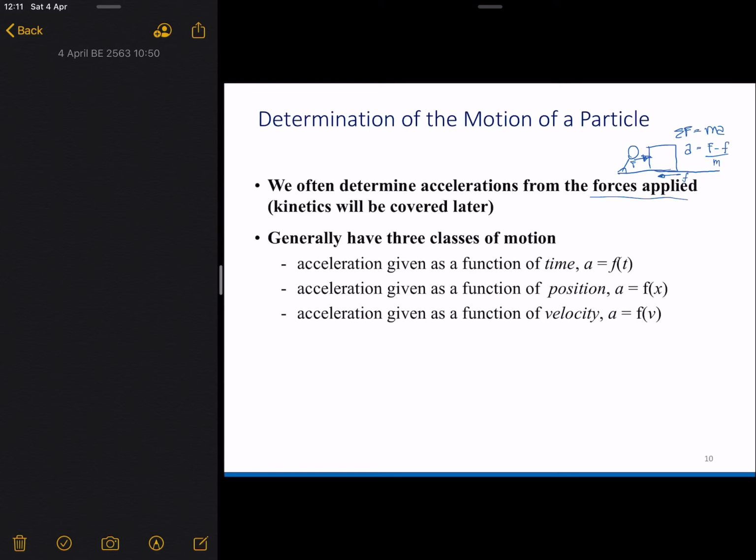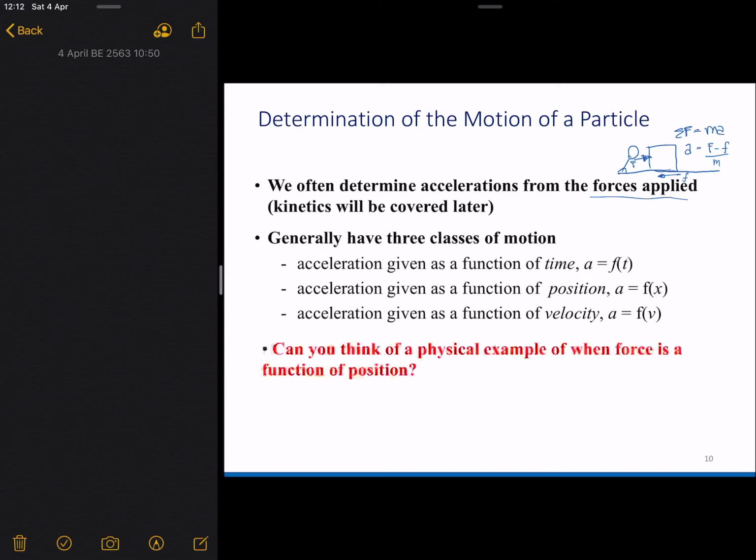Okay, and generally we have 3 classes of motion. We have acceleration given as a function of time, acceleration given as a function of position, and acceleration given as a function of velocity, right?